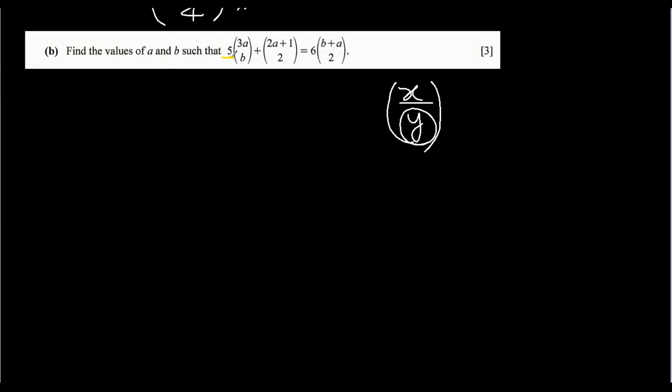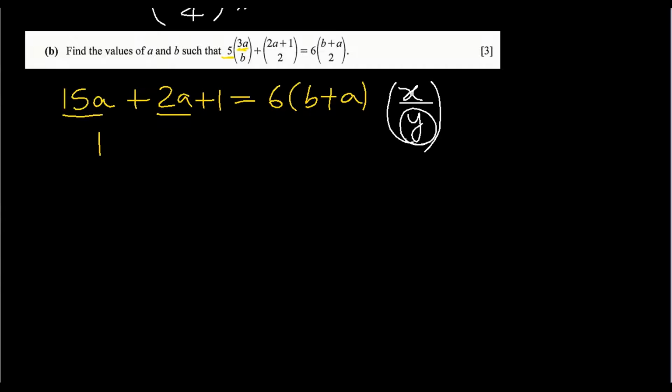So 5 times 3a is 15a from the first part plus 2a plus 1 from the second vector equal to 6 times b plus a. So x components compared. What do we get? 15a plus 2a, 17a plus 1 equal to 6b plus 6a.